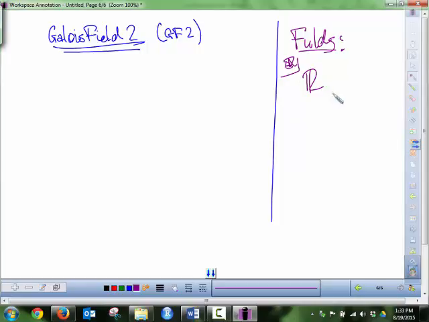Another example of a field is the set of complex numbers. When we're talking about things that I'm not really going to dive into, it's important to know what examples are of fields, but it might also be good to take a look at examples of things that are not fields.